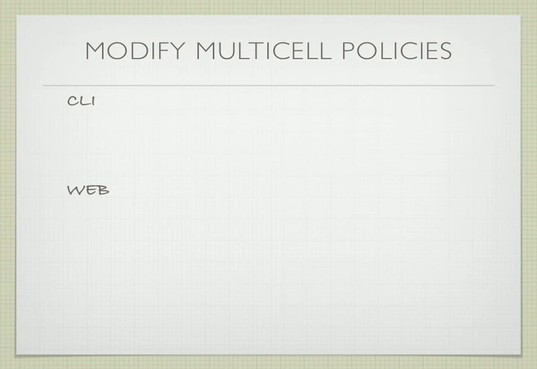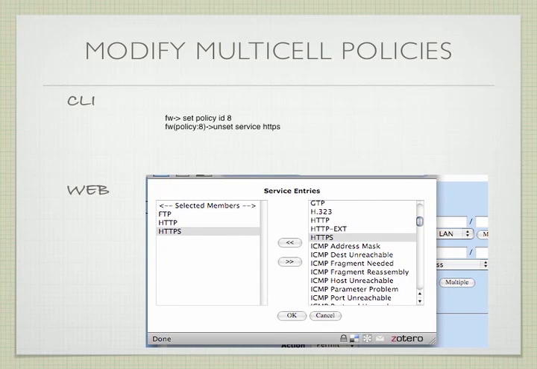In order to change what's been set, you just use the unset command to remove things that are in there, or the set command to add more after you've entered the policy. Or you go back into that multiple selection, and you can either, using the left or right arrows here, add more or remove.